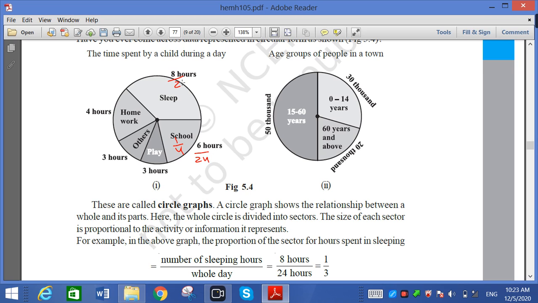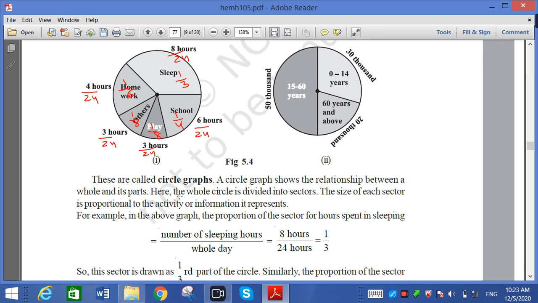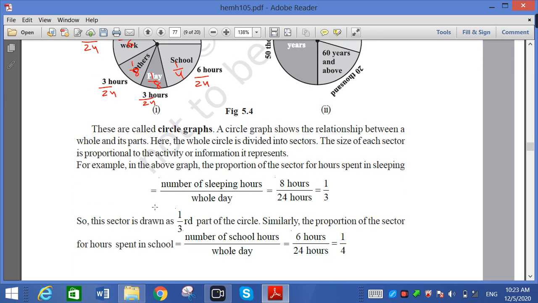Here divided by 24 that is 1 by 3, here 1 by 6, here 1 by 8, here 1 by 8. So these are all the fractions: 1 by 6, 1 by 8, 3 by 8, 1 by 4 and 1 by 3. These are all the sectors.